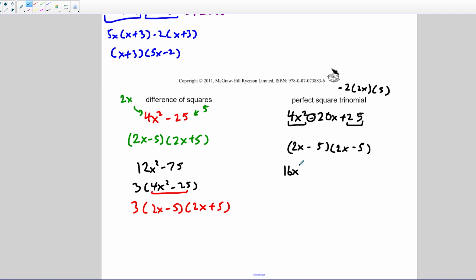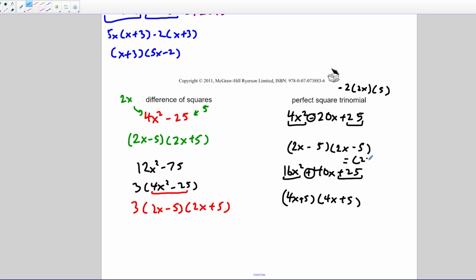One more quick example. Let's say we have 16x squared plus 40x plus 25. Once again, this is a perfect square here and a perfect square there, except in this case, we have a plus 40x in the middle. So we're going to put a 4x and then plus 5 because of that plus sign, and 4x plus 5. So I missed a step here.